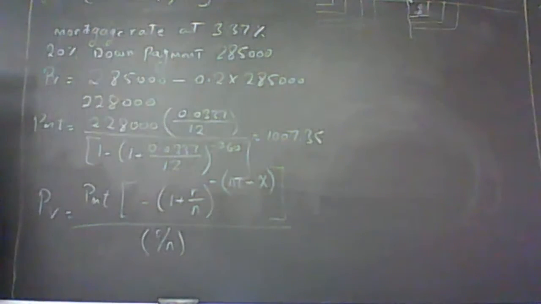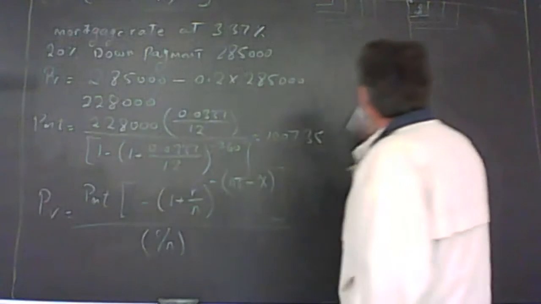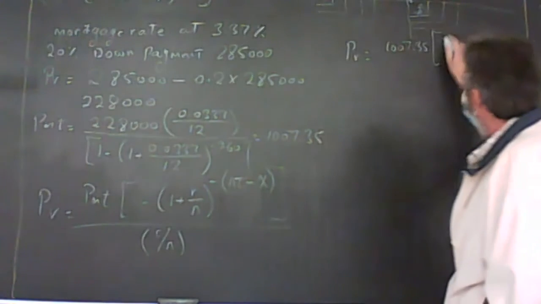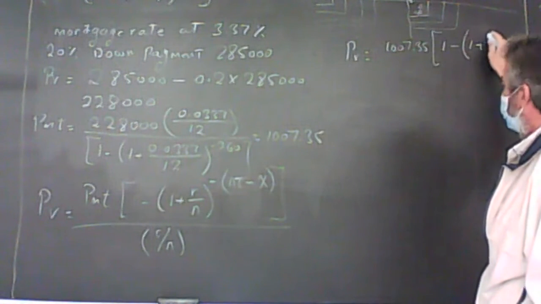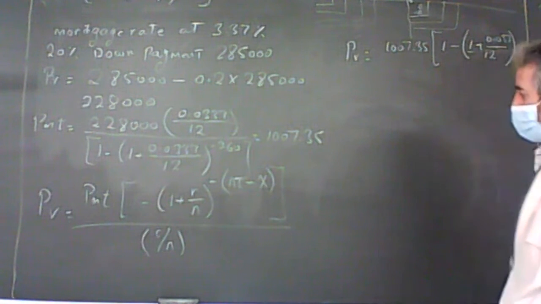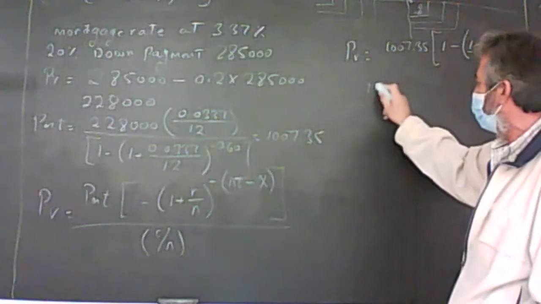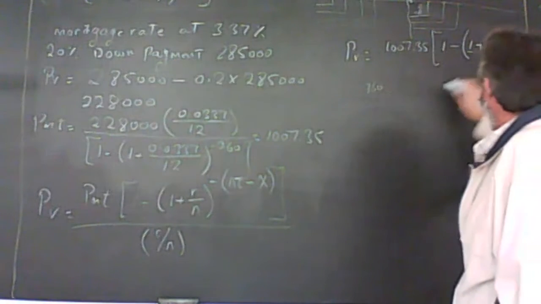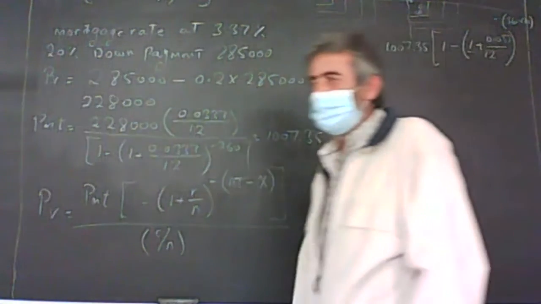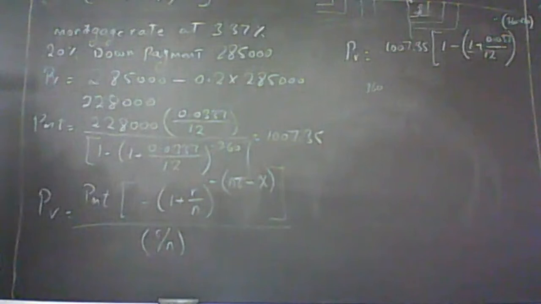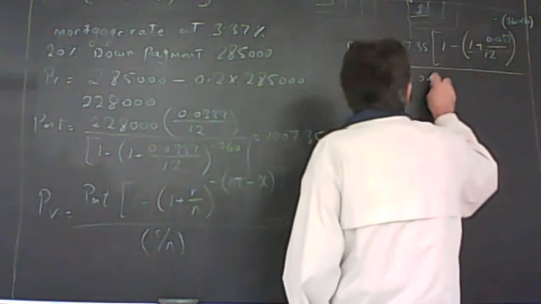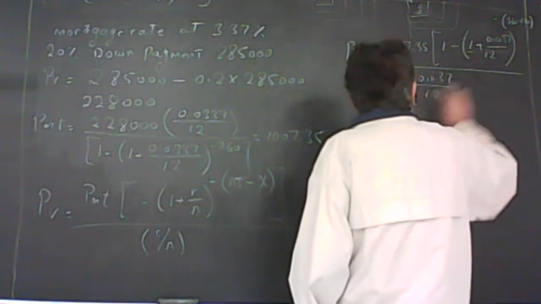So if I want to figure out how much I owe after 10 years, I can use the payment, 1007.35, times 1 minus 1 plus 0.037 divided by 12 to the power minus, where the total period is 360 and I made 120, so 360 minus 120, divided by 0.037 over 12.